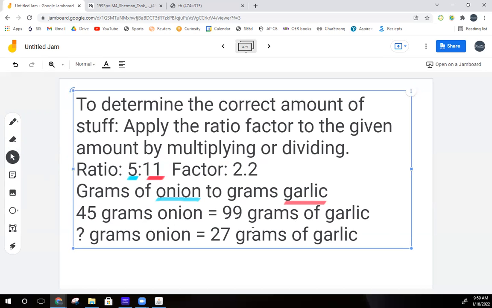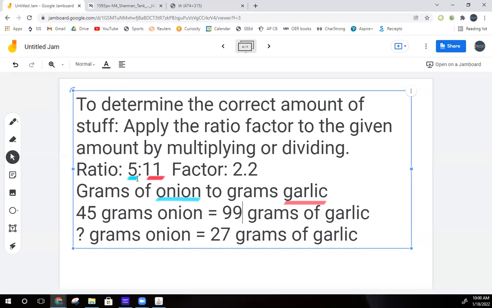Now let's look at it the opposite way. We have 27 grams of garlic, but we don't know how much onion we need if we have 27 of these. Well, remember that we will always have more garlic than onion, more red than blue, right?